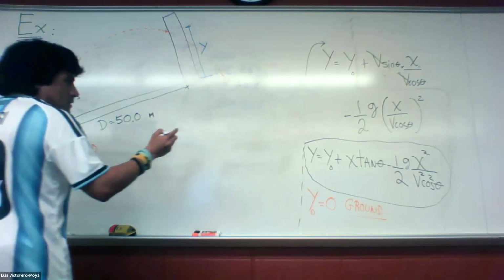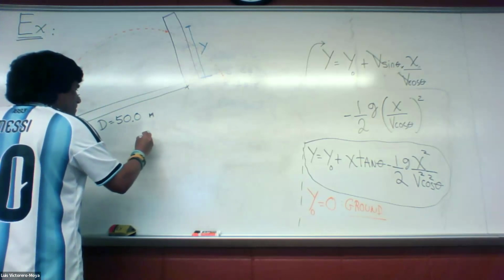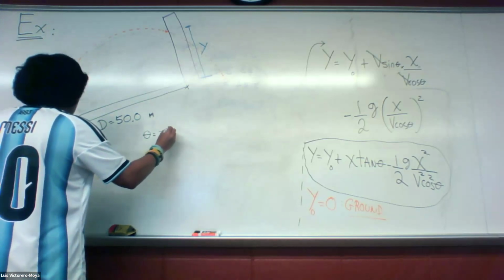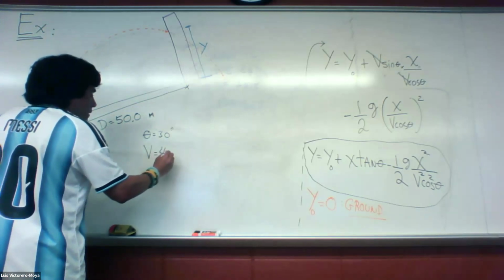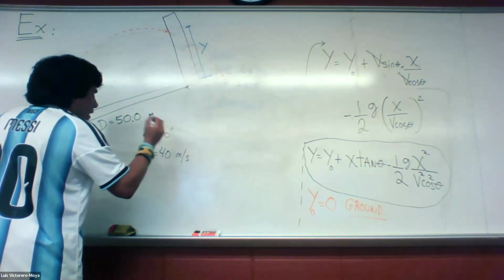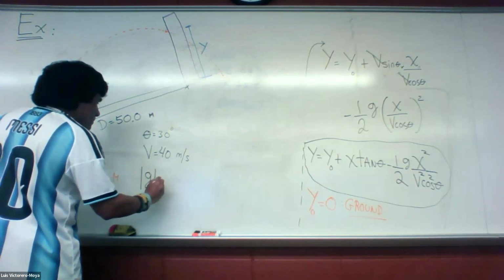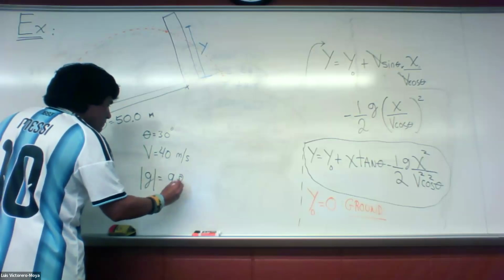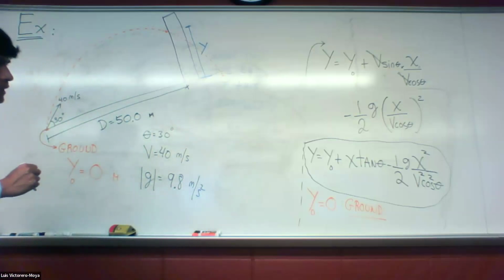So I have the angle theta. I have v. What's v? 40 meters per second. I know gravity, magnitude, okay? What about x?